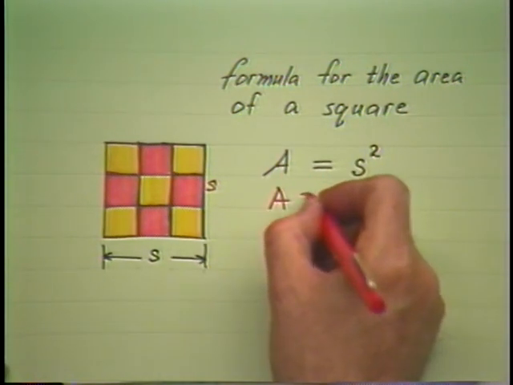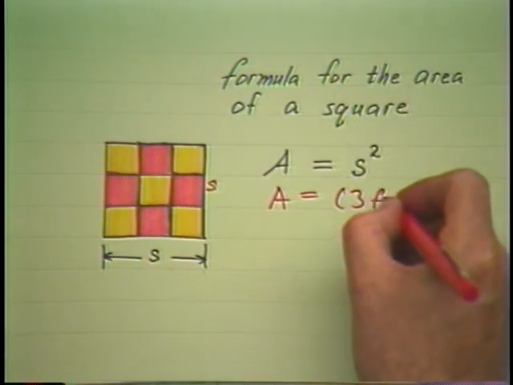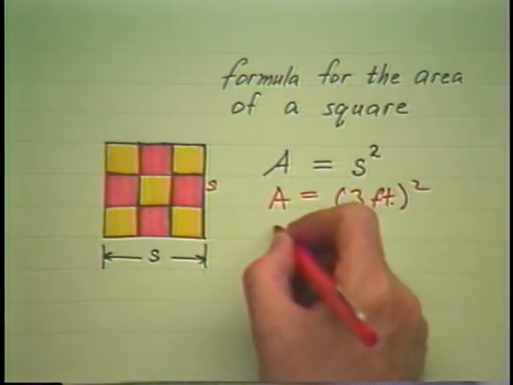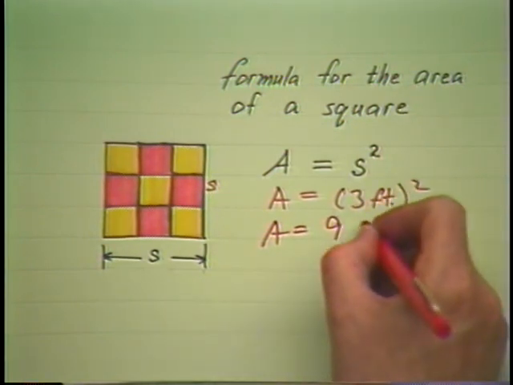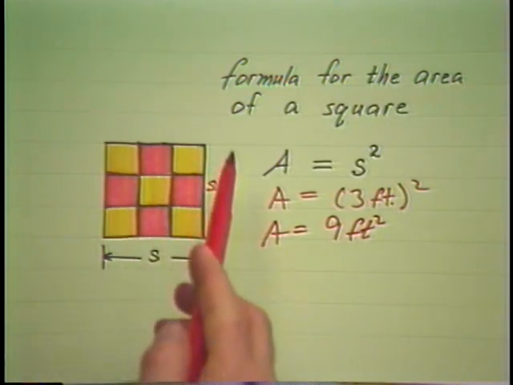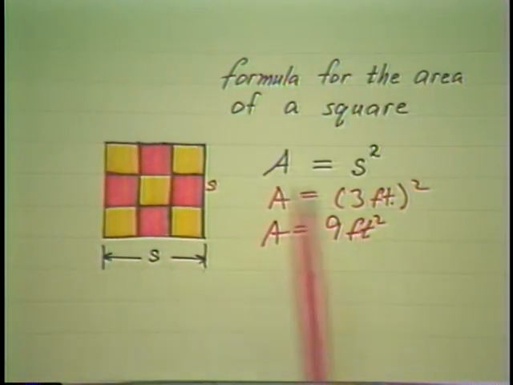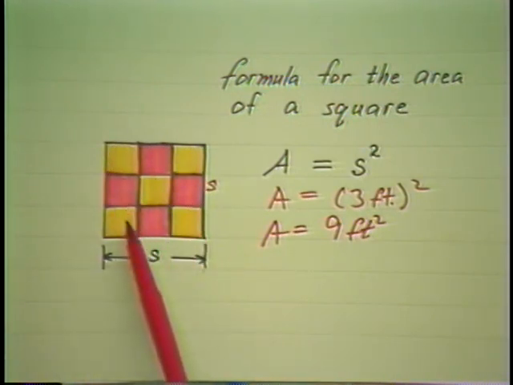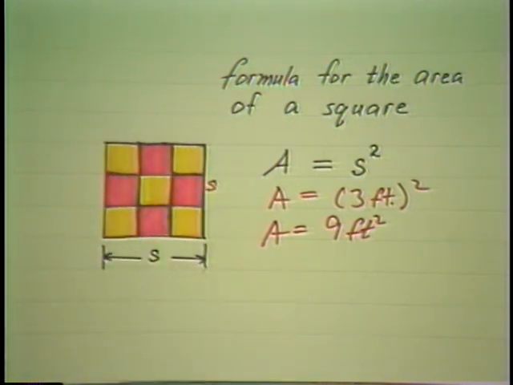So all we do is substitute the length of that side, which is 3, let's say, feet, and square it. So the square of 3 is 9, and the square of feet is square feet. So the area of this square is 9 square feet, of course, which in this simple case we can verify by actually counting. But in most application cases, it's complicated enough you can't count it.